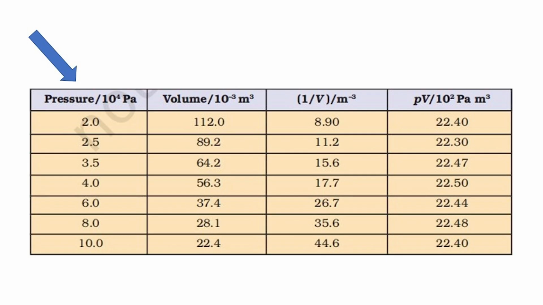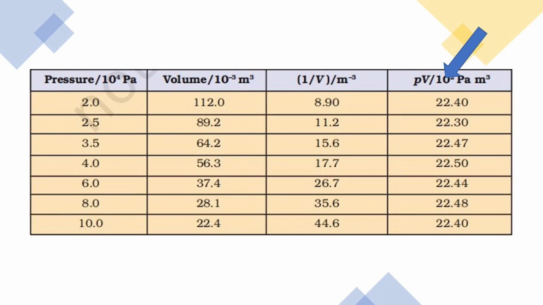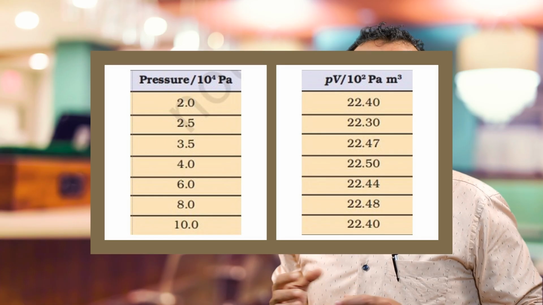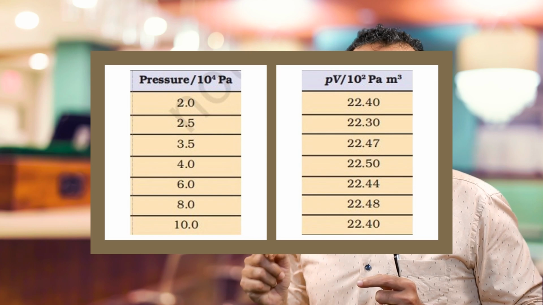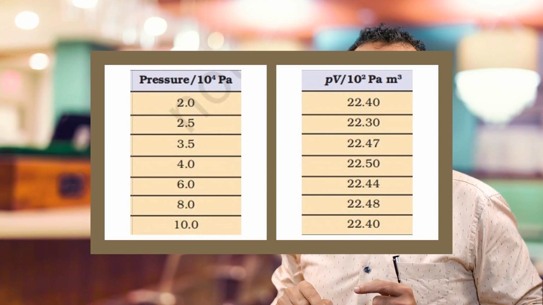Now let us consider columns 1 and 4 of the previous table. Column number 1 is pressure and column number 4 is pressure into volume. What happens to the value in column number 4, that is pressure into volume, with respect to column number 1?